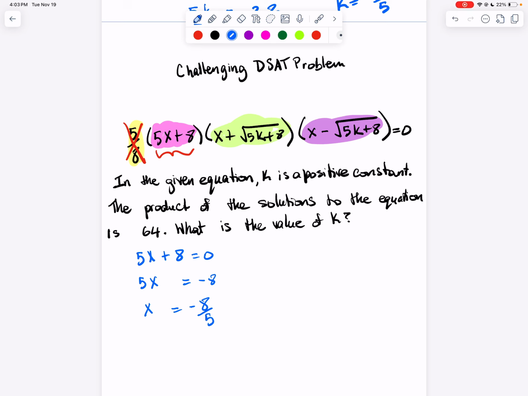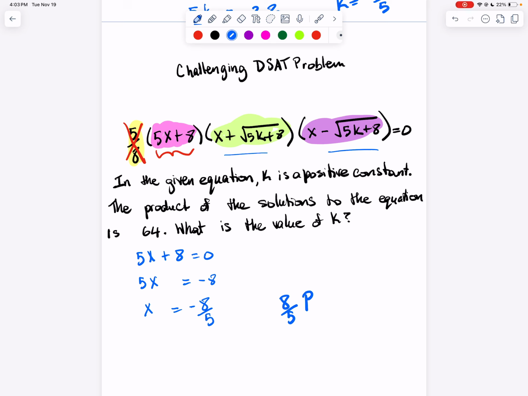All right, so here we have 3 solutions, and when you multiply them, the answer is 64. I am going to write my first number as 8 over 5. Again, I'm disregarding that negative sign because it's ultimately not going to matter, since there's another negative that will cancel it out. The 2 solutions that come out of these 2 parentheses are going to have the same absolute value, and I'm just disregarding those signs. It makes our lives easier if we don't think about the signs for now.